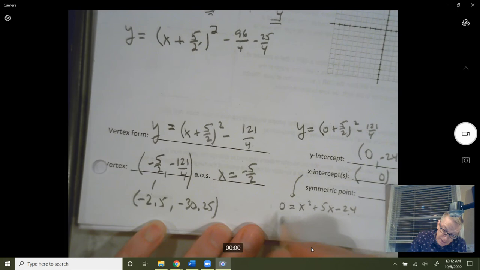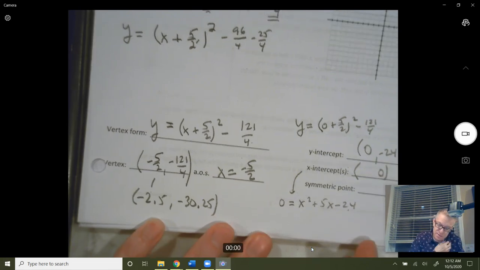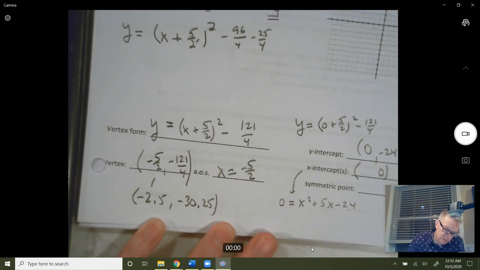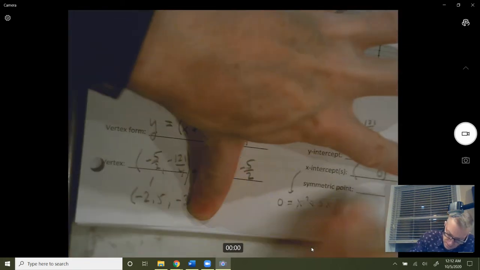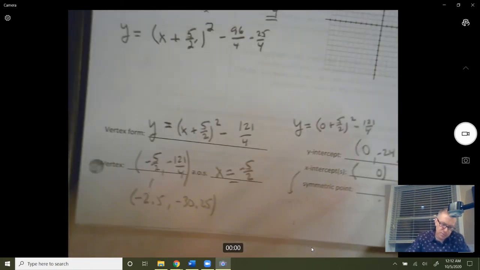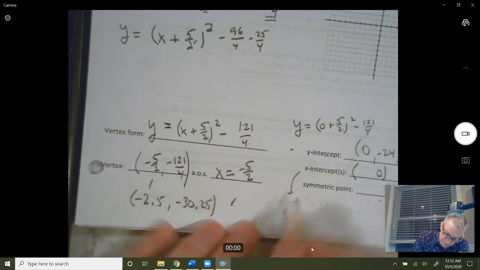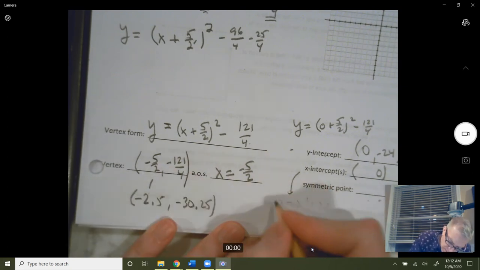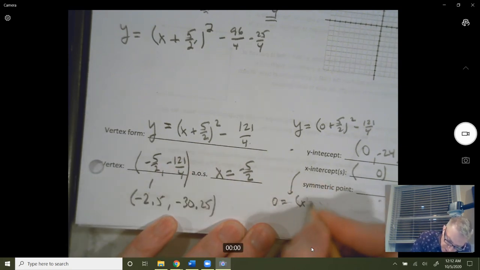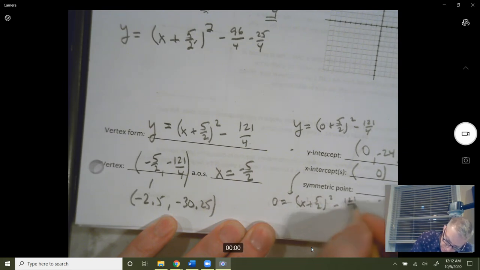Okay, so we're going to have to use the quadratic formula to find this. Actually, you know what? Let's not do that. We just did vertex form, and there's a reason we did vertex form, so this is easier to do. So when y is 0, we get 0 equals (x plus 5 halves) squared minus 121 over 4.